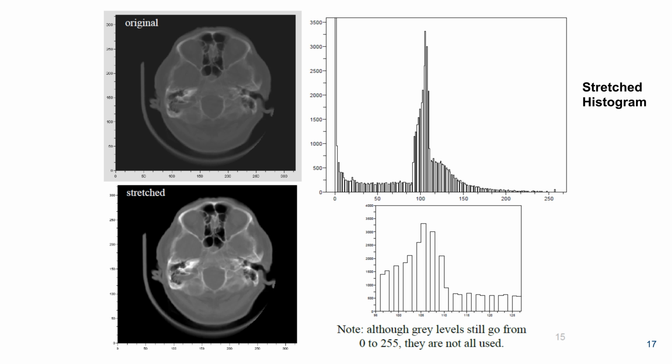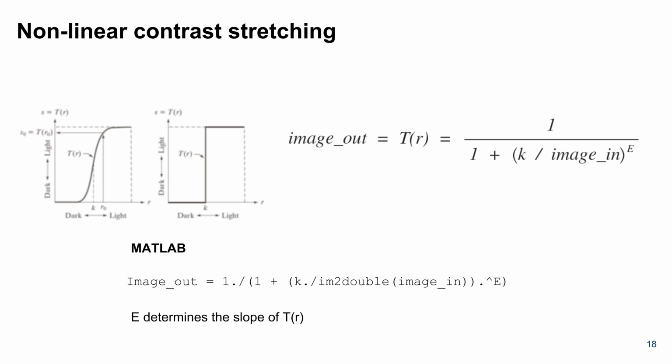Now, if we zoom in on this, what we see is that the grey levels now go from 0 to 255, but they're not all used. We're missing some of the values, so we've got one at 105, 108 and 110. So this is improving things, it's stretching them, but we're still not using all of the pixel values available to us.